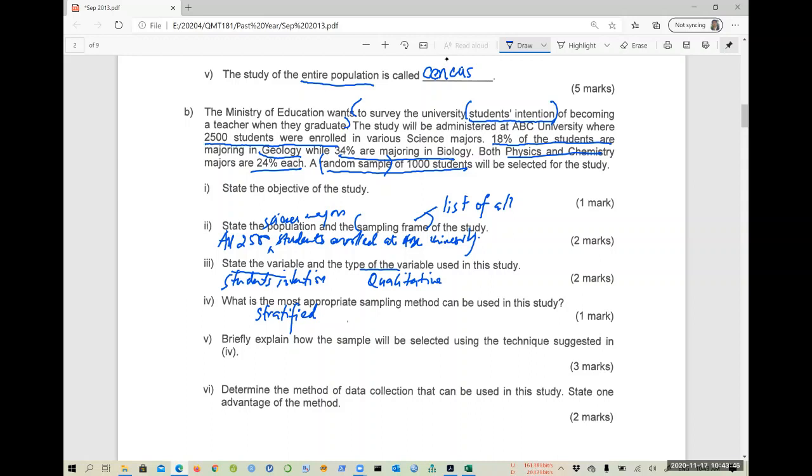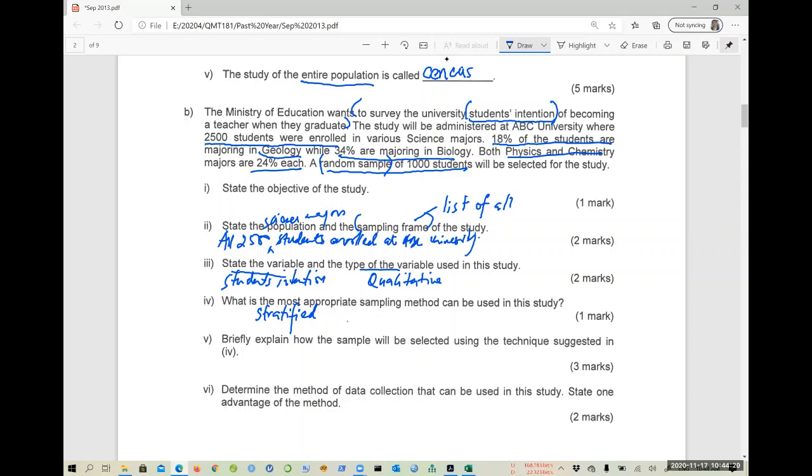Okay, and then number 5: briefly explain how the sample will be selected using the technique suggested in 4. So you have answered stratified sampling. In this situation, you need to calculate the number of samples that you require from each of the majors. In order to calculate the number of samples from each of the majors, you need to use the proportionate values, right?